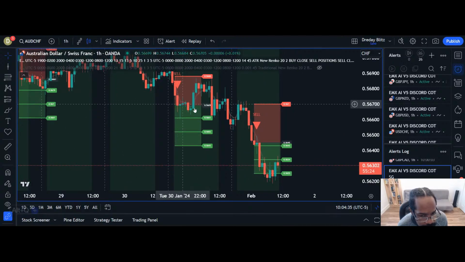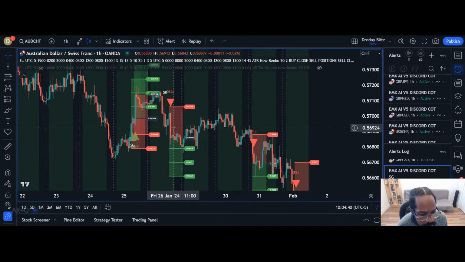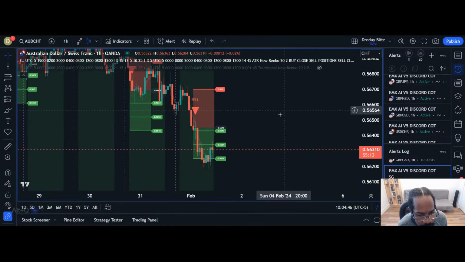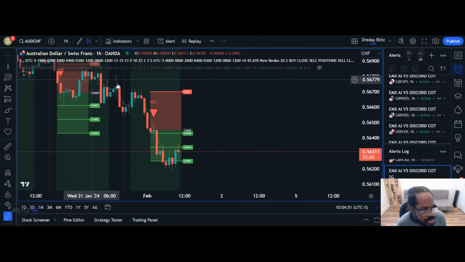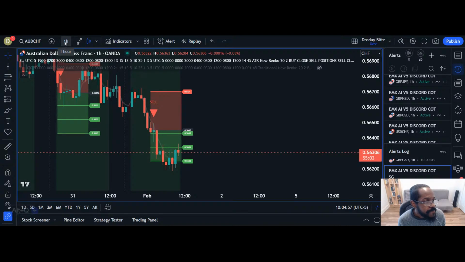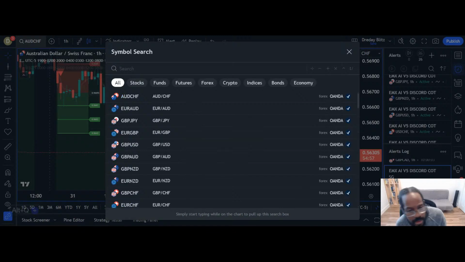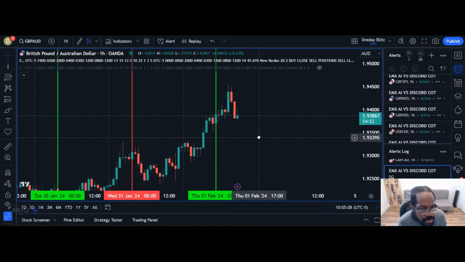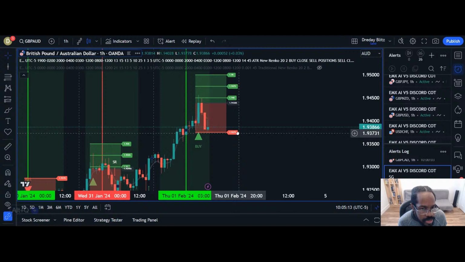AUD CHF, yeah, AUD CHF is starting to retrace, it seems. And GBP AUD should be bearish. Yeah, it's starting to go bearish here.